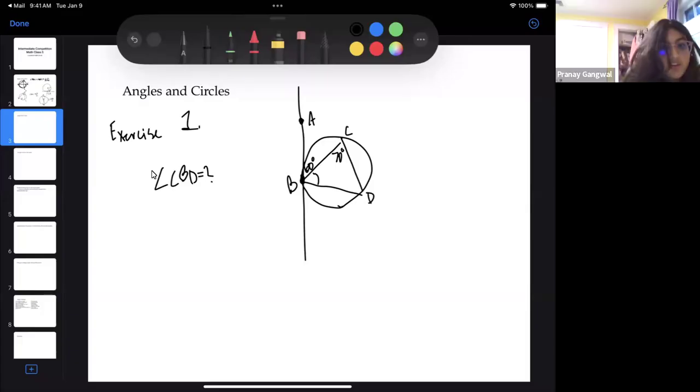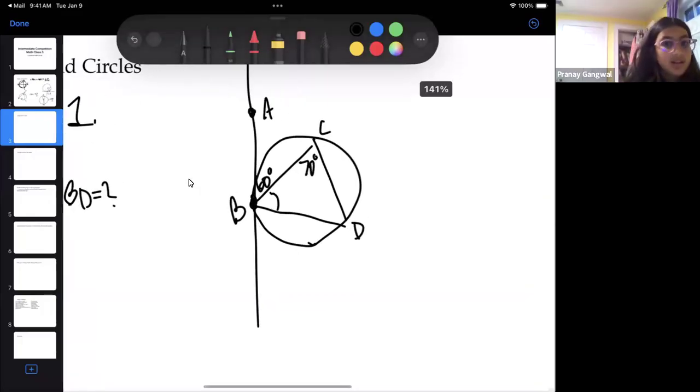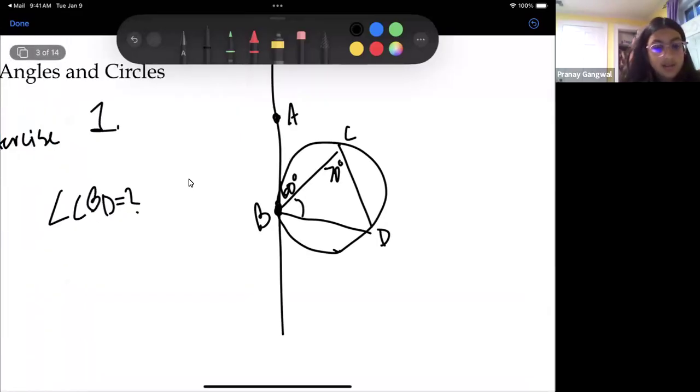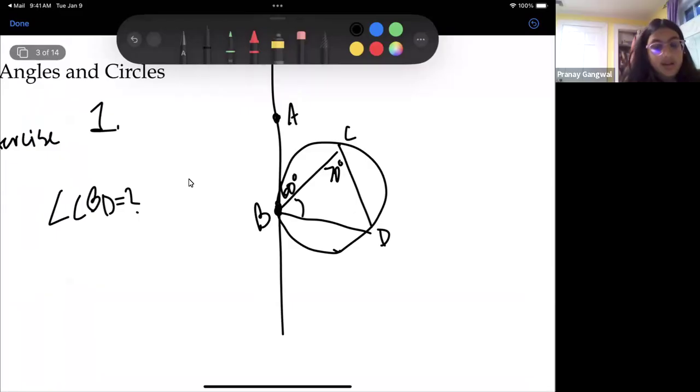That's 50. Yeah, 50. Do you want to explain how you got that? I was thinking two ways. Since angle ABC is 60 degrees, and angle BCD is 70 degrees, that plus the third angle would equal 180 degrees to make a straight line. So 180 minus 60 minus 70 equals 50.